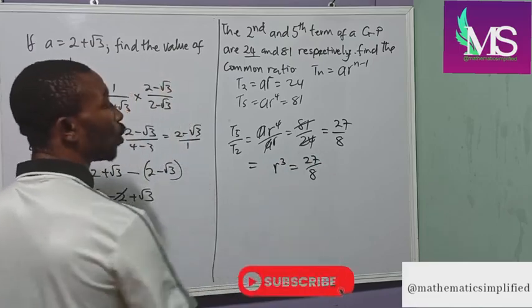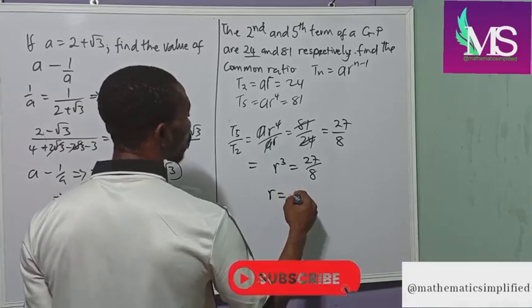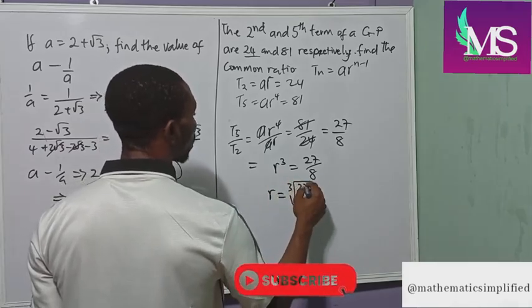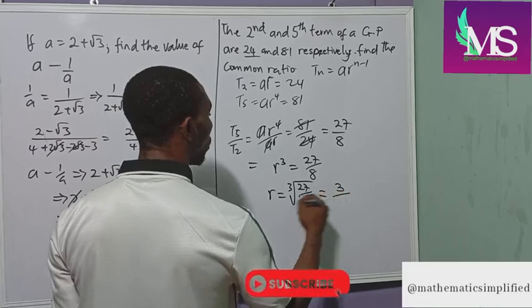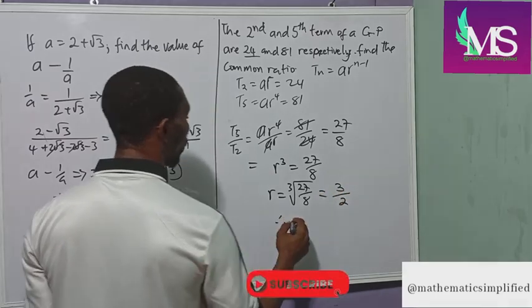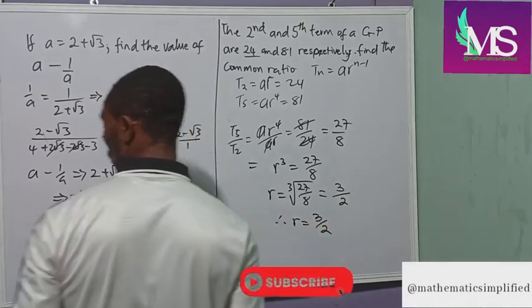So we take the cube root of this. If we do cube root, r equals cube root of 27 over 8. And cube root of 27 is 3. Cube root of 8 is 2. So therefore, our common ratio will be 3 over 2.